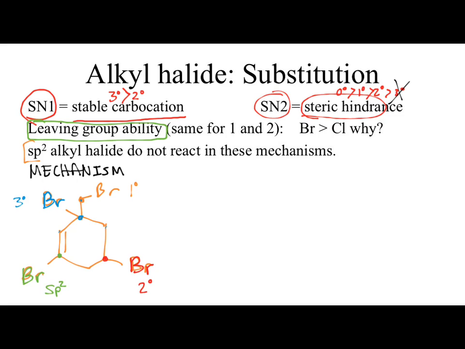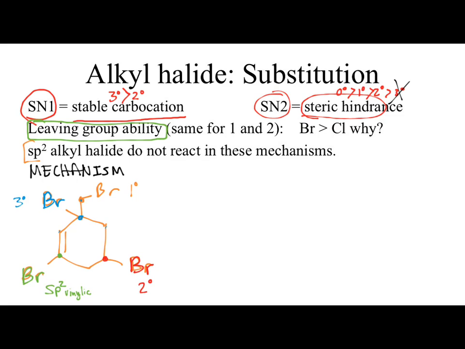Our primary, secondary, tertiary classifications really only work on sp3 carbons. As soon as we move up to a carbon that has a double bond attached to it, we can call it sp2. The other name you might hear from lecture would be something called vinylic. We've only stuck with sp2, so we'll keep it that way.